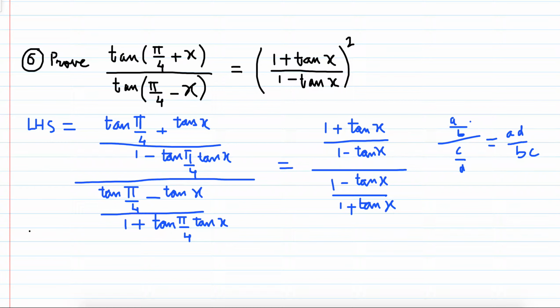Because we can multiply both numerator and denominator by b, and also by d. We multiplied both numerator and denominator by b, so this b gets cancelled here, this d gets cancelled here. So in the numerator we have AD and in the denominator we have BC. So here this is A, this is B, this is C, this is D.